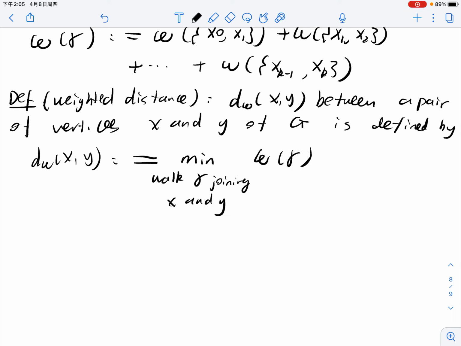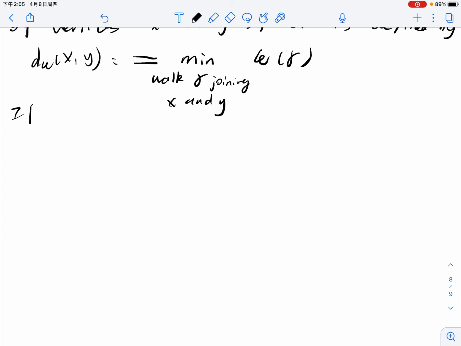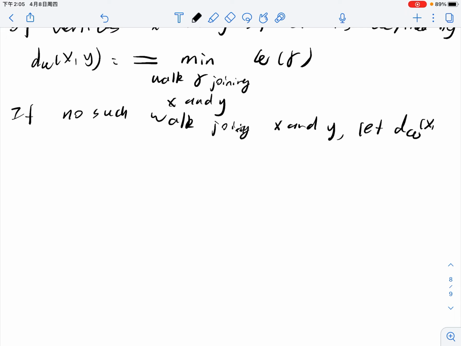So from all walks joining x and y, you take the minimum of the weight. And if there is no such walk joining x and y, let d omega of x y be positive infinity.